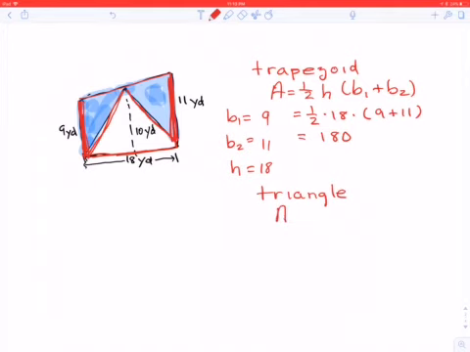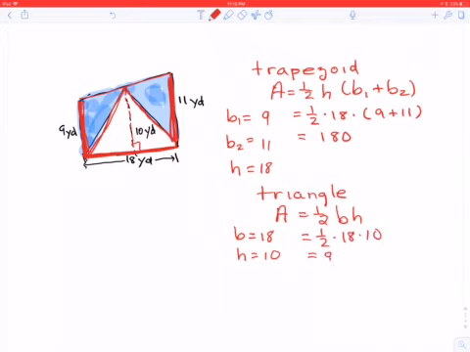Now the triangle has a formula for the area of 1/2 the base times the height. So the base of the triangle is 18. The height is the distance from the vertex of the triangle straight down till it forms right angles with the base. So it's 1/2 times the base, which is 18, times the height, which is 10.